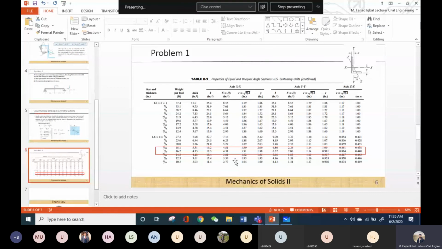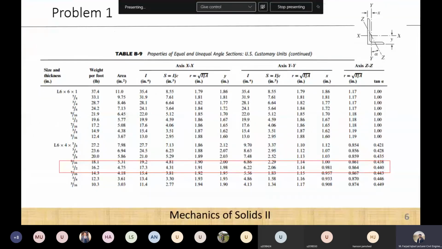Now this is the section table, and in this table you can see that this is the L6 by 4 sections, and next to this we have been given the thicknesses as well. Our section that is given in the question is L6 by 4 by 1/2, which I have shown in this red triangle. This is the section under consideration.